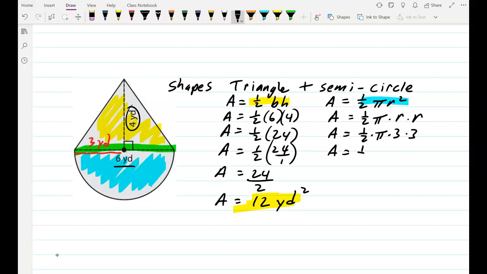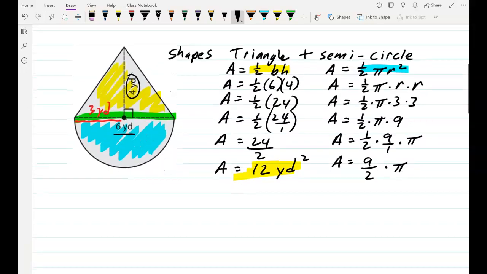So that would be 1/2 times pi times 9, since 3 times 3 is 9. I'm going to rearrange things here a little bit. So that would be 1/2 times 9 over 1 times pi. 1 times 9 is 9, 2 times 1 is 2, so 9/2 times pi.